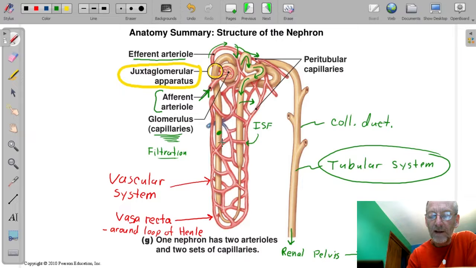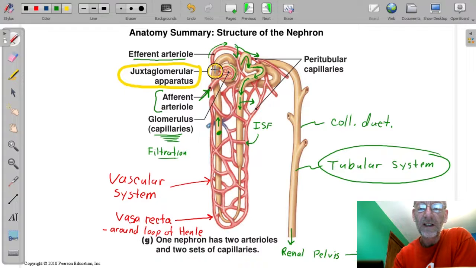It's either going down or coming up. Well, if we back up and look at the picture closely, here's the Bowman's capsule, back up around the glomerulus. And so this part that I'm tracing with the marker, I hope that shows up. This part that's going down is the descending limb. So this has to be the ascending limb.